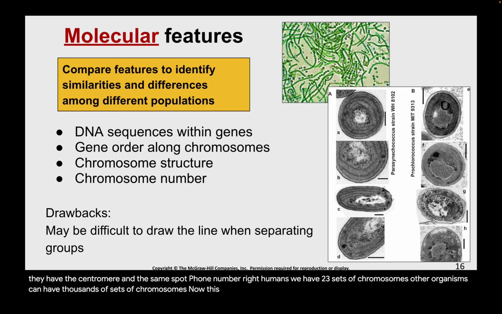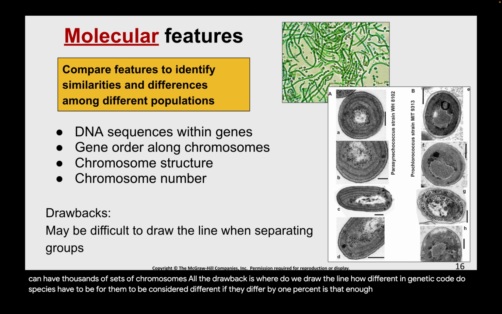Now this might seem straightforward, and you might think, why doesn't everybody do this? Well, the drawback is, where do we draw the line? How different in genetic code do species have to be for them to be considered different? If they differ by 1%, is that enough? What about 5%? 20%? Where do we draw that line?